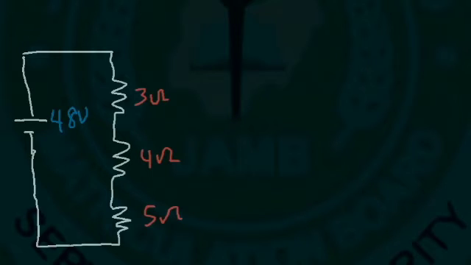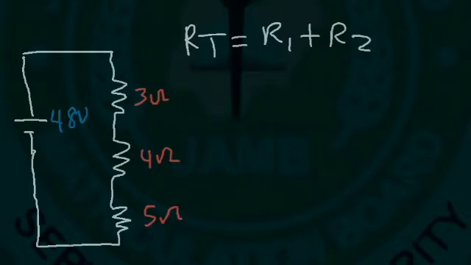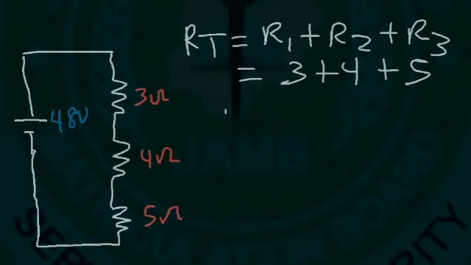So we still have a series circuit because the same current that flows through R1 is the same current that flows through R2 and R3. So the total resistance in a series circuit is the sum of the resistors connected in series. So it's 3 plus 4 plus 5. So the total resistance is 12. In a series circuit, that's the first thing you want to do.